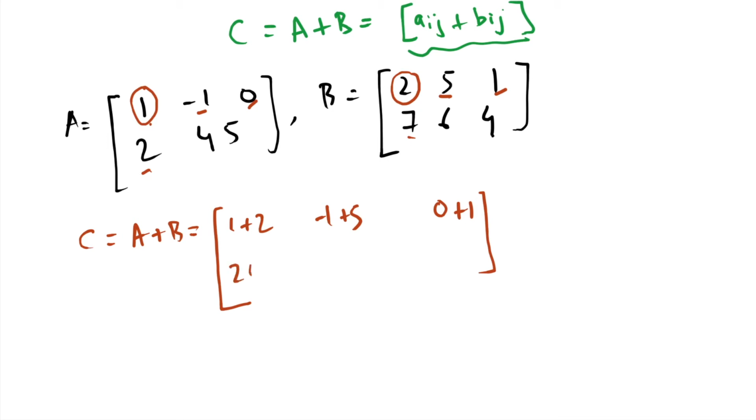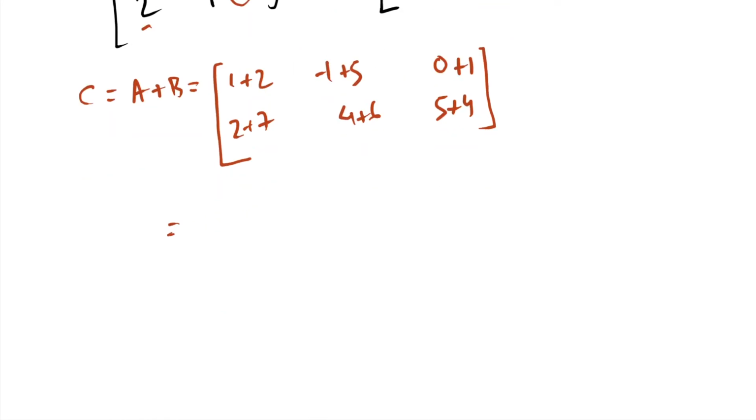This next one will be 2 plus 7, the next element would be 4 plus 6, and the last element will be 5 plus 4. So this finally becomes 3, 4, 1, 9, 10, 9. So this is A plus B.